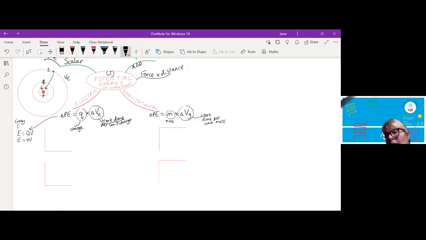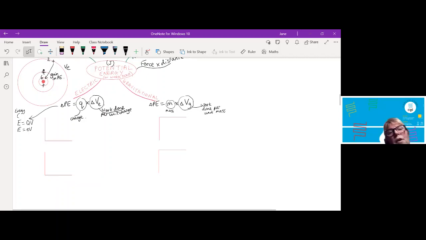So the closer you get, you're going to have a gain in potential energy as you go in. Between the positive and the positive, you're actually having to do work, aren't you? You've got two charges that are the same, and you're having to do work in order to push them together.